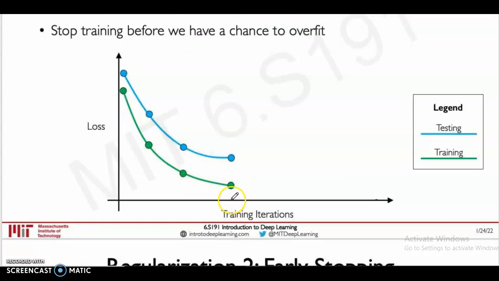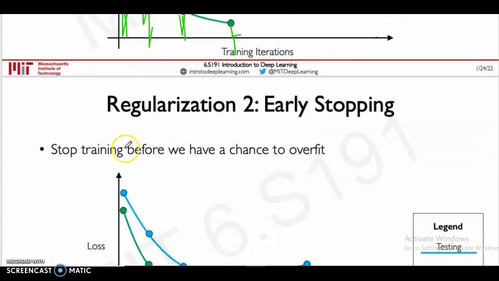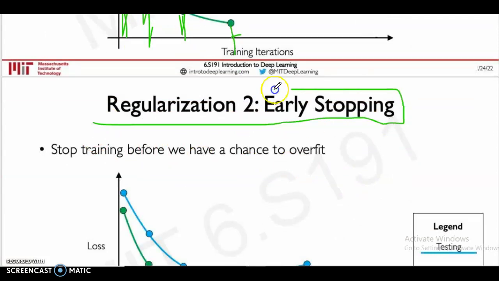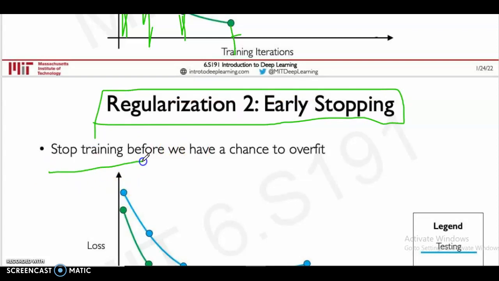Regularization 2, early stopping: stop training before we have a chance to overfit.